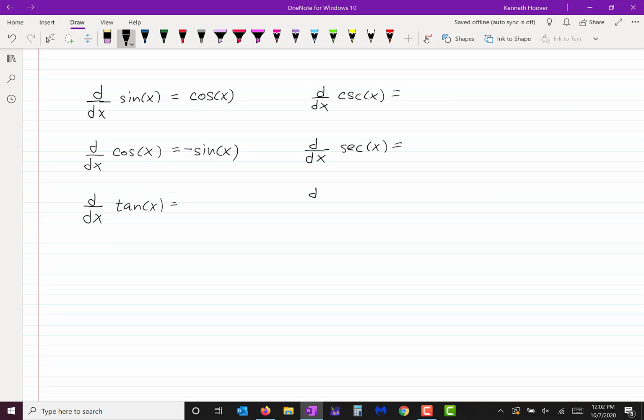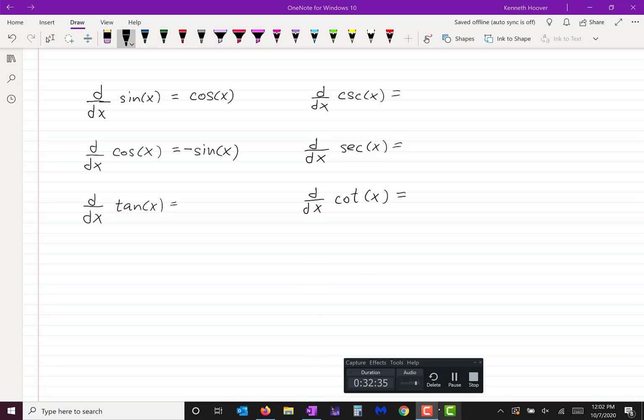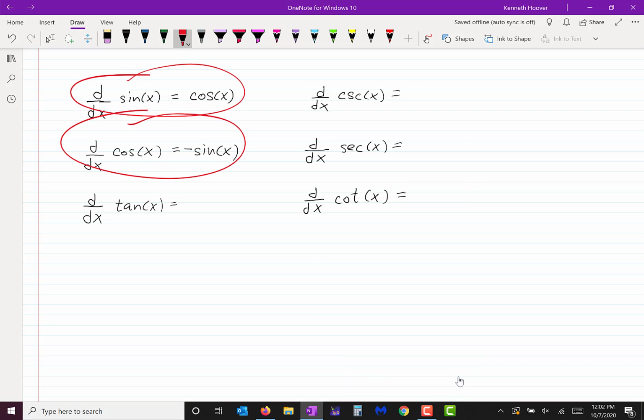And the derivative of cotangent. These will all be really easy. All we need are these two and the quotient rule from the previous lecture. Okay, so let's find the derivative of tangent.